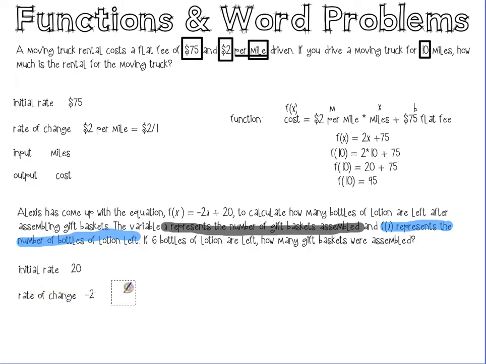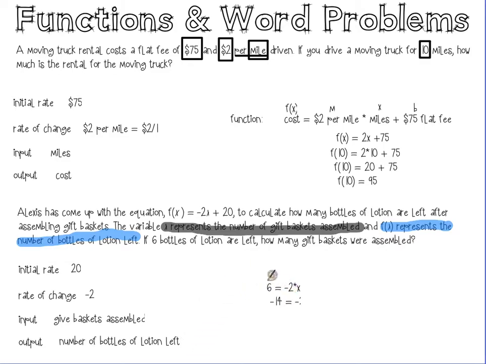Again, I don't have enough information to know what the label is on that, but I do know that my rate of change or my slope is -2 because it's connected to my x in my equation. My input is gift baskets assembled, and I know that from what they told me in the problem. And my output is the number of bottles of lotion that are left. Again, I know that from the problem.